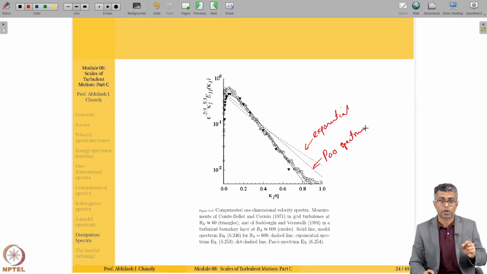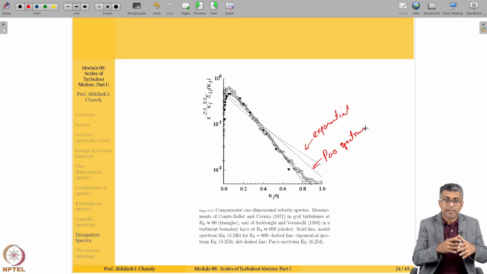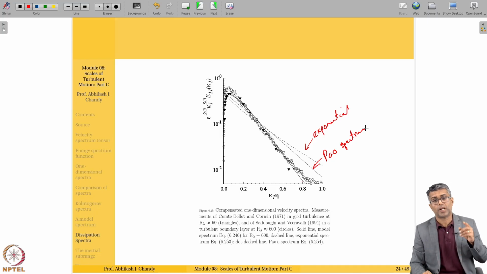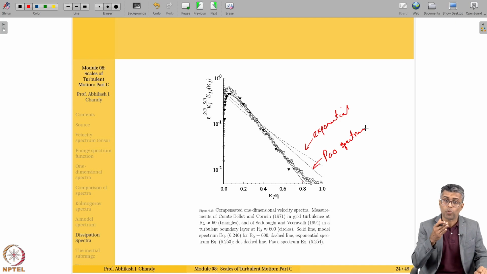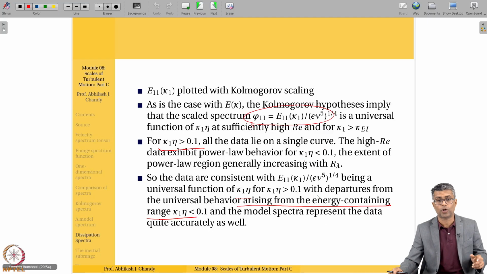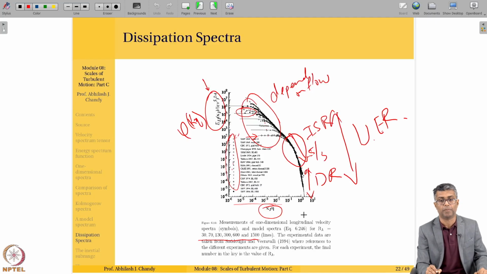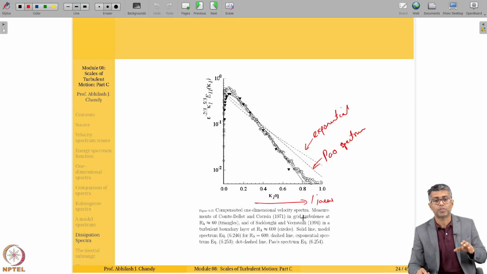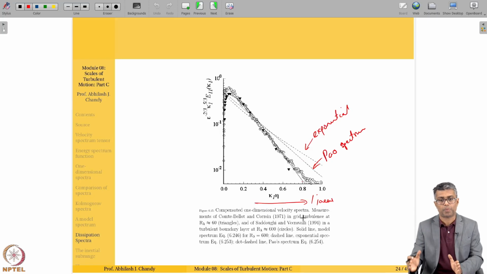The solid line is the model spectrum, so that contains the entire thing, right? The energy containing range, the inertial subrange, and the dissipation range. Whereas the exponential spectrum and the power spectrum are only the dissipation range. By plotting this on a linear scale, whereas earlier we had it plotted on a log scale, if you remember, what we are trying to do is enhance the dissipation range.